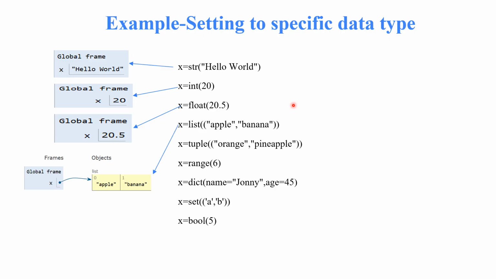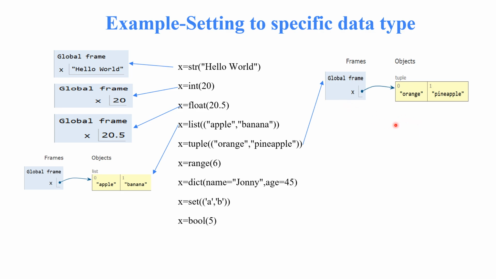Now you can see list. As I said, list and tuples are sequence types. They are accessed with indices. You can see here x takes apple and banana, with the indices 0 and 1. When I access x of 0, it will take apple. When I say x of 1, it will take banana. Similarly for tuple, it is again a sequence data type, also accessed with the help of indices.